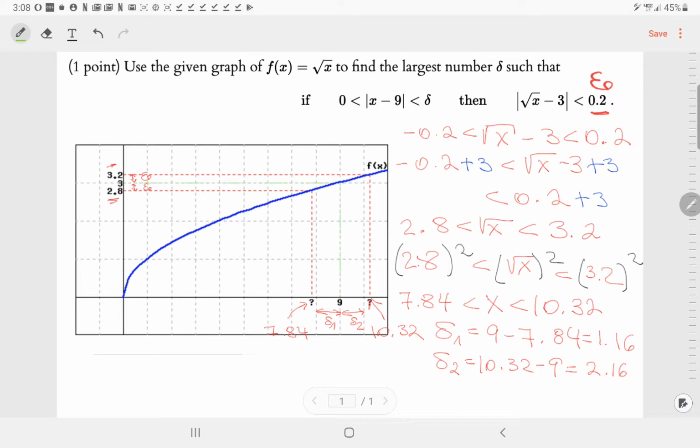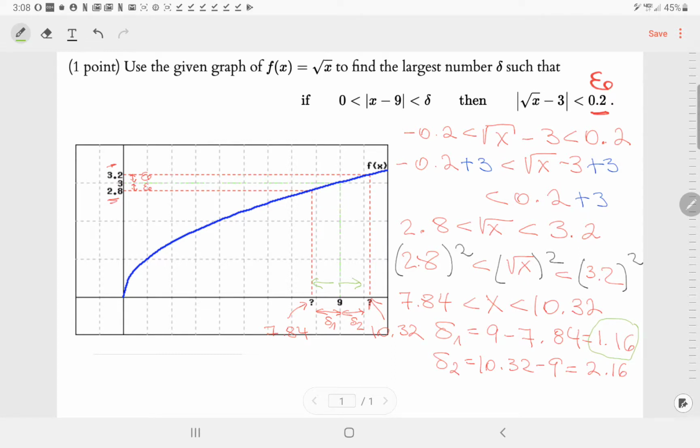We always need to choose the smaller number, and I'll tell you why. If we are 1.16 away, we'll end up right here. If we are 1.16 away on the right side, we'll still be in this interval.